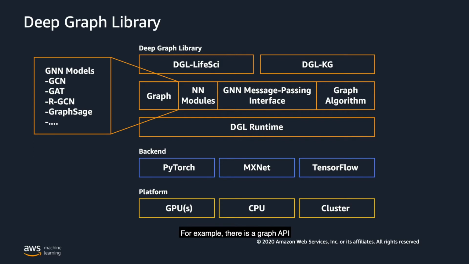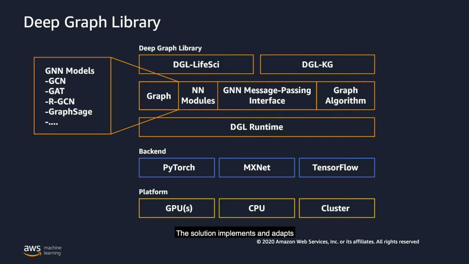For example, there is a graph API that allows the creation and manipulation of both homogeneous and heterogeneous graphs. The NN modules have pre-implemented graph neural networks for the popular graph neural networks like GCN, GAT, RGCN, GraphSage, and many more. DGL also allows you to build custom graph neural networks using the message passing interface, and it has many common graph algorithms like BFS, DFS implemented.